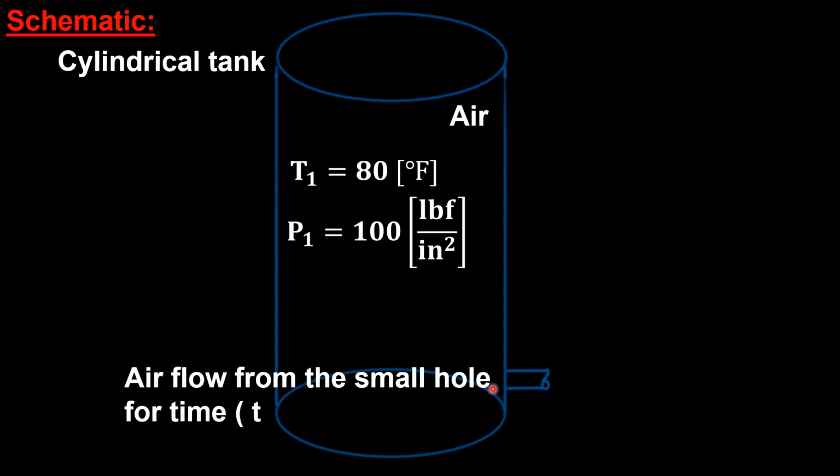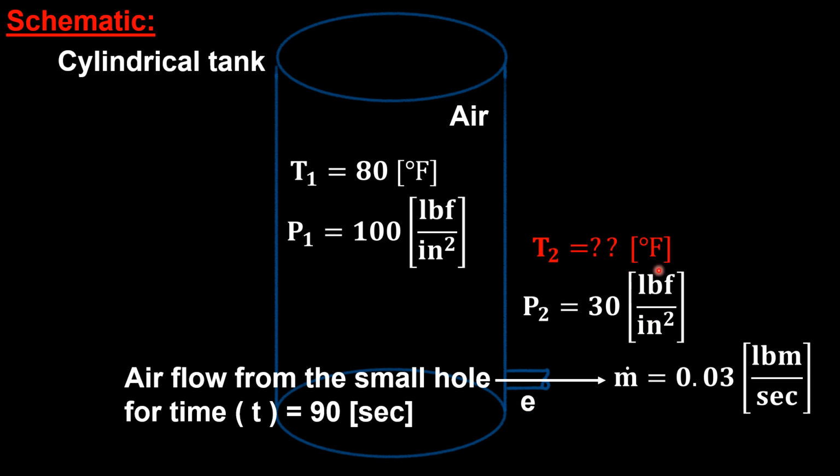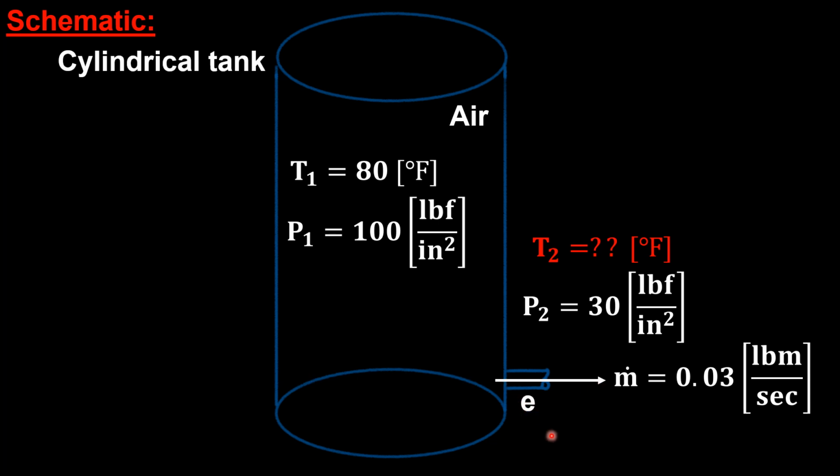When the small hole develops, the air starts to flow for 90 seconds, at a constant mass flow rate of 0.03 pound mass per second. At 90 seconds, or state 2, the pressure is 30 pound-force per inch squared, and we are asked to find the temperature at state 2. And here E is the subscript, which means exit.